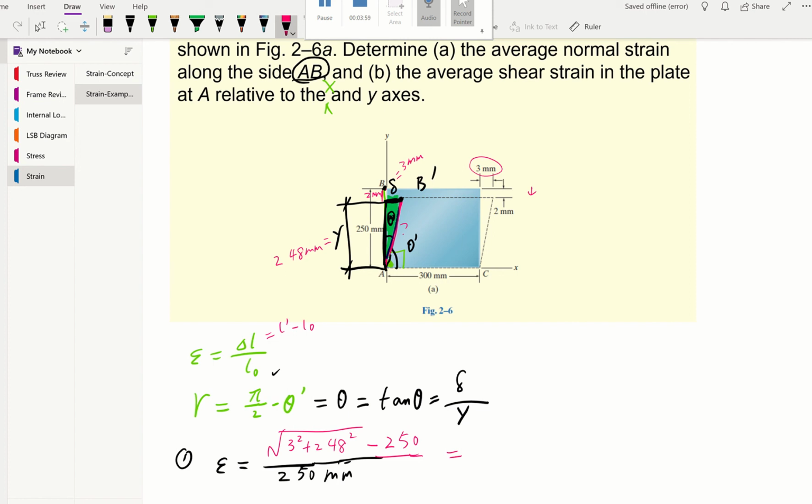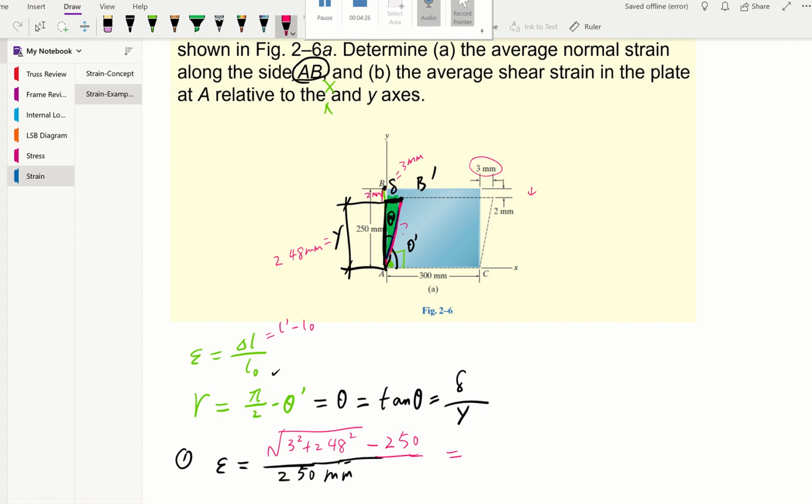Put it in the calculator. So what do we have? 248 squared plus 3 squared, and we're going to take the square root of that.